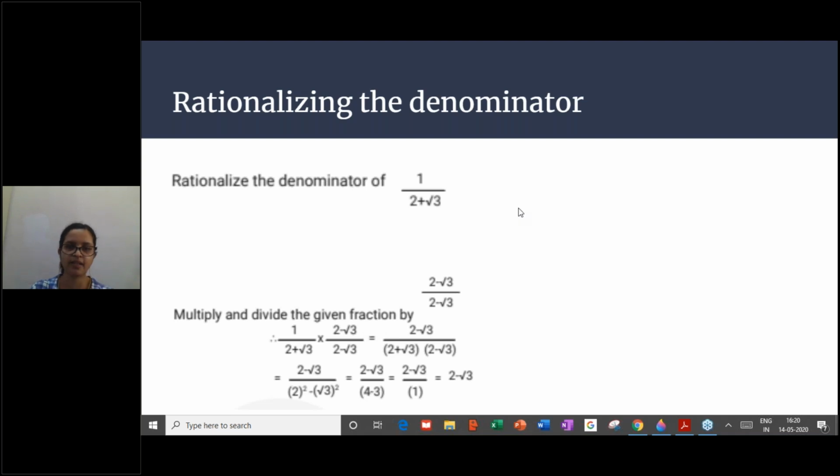Conjugate, yes. So the conjugate here, how do you get it, will be using the principle of a square minus b square, which gives a plus b, a minus b. So if you remember that algebraic identity, it becomes easy for you to solve each of the questions with ease.